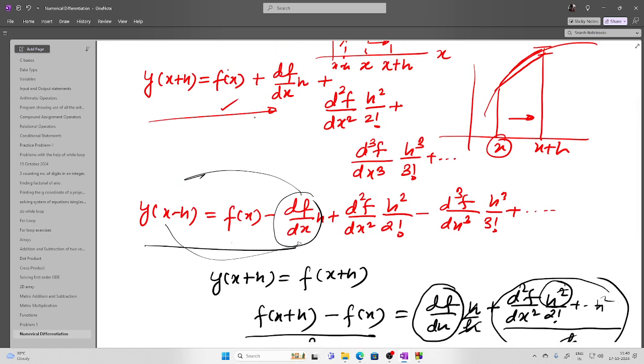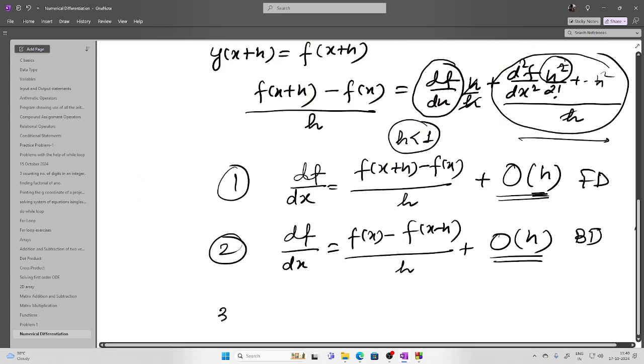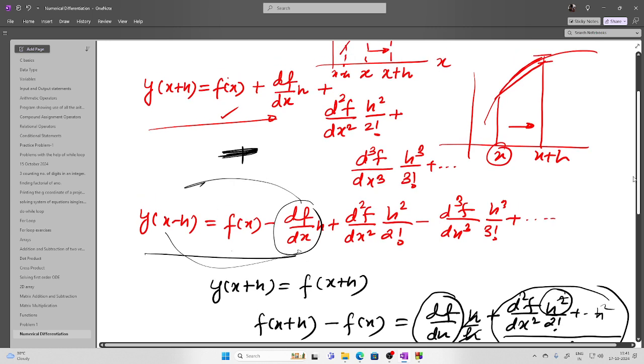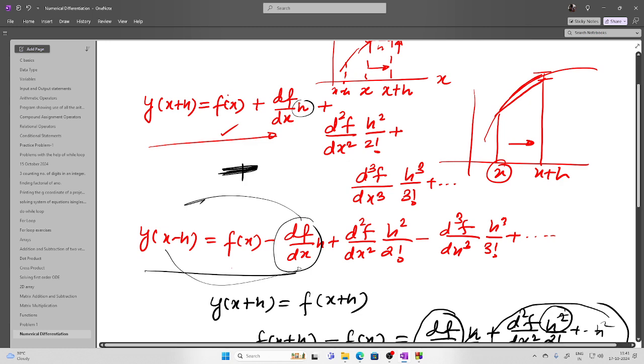But if you subtract these two equations, what you will get is another way of differentiating the function: f(x plus h) minus f(x minus h) divided by 2h. Here, when you subtract, this h and this h become 2h, so that's why you get 2h in the denominator.